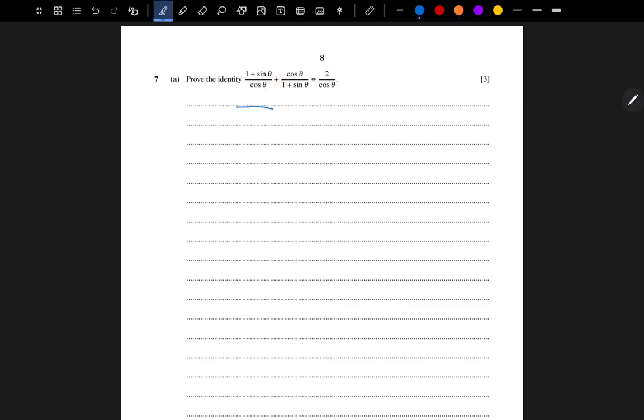So this will be cos theta into 1 plus sine theta, and we can cross multiply this as 1 plus sine theta to the whole square plus cos squared theta.